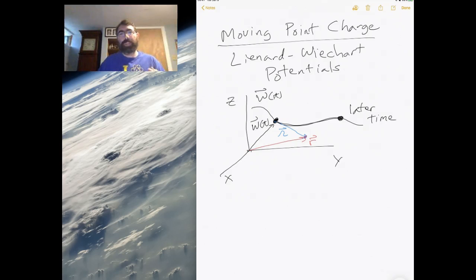So right now I'm taking a snapshot and saying what is the potential at the position R at this time t, given what I know about the path of the charge.